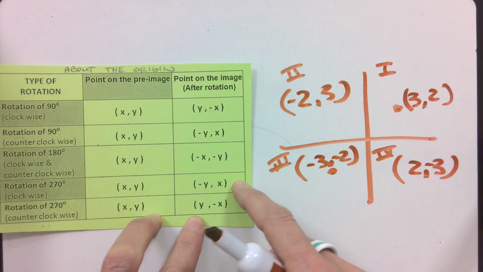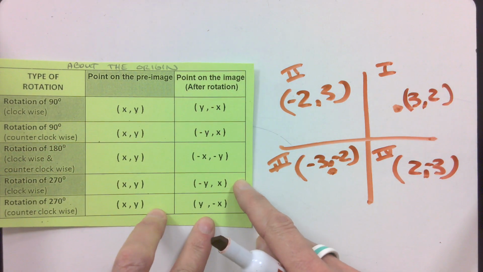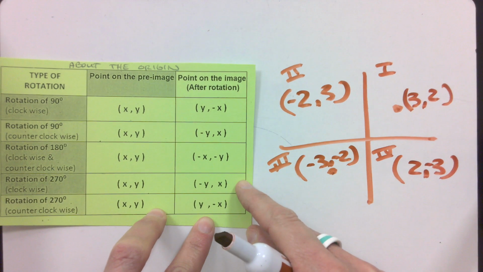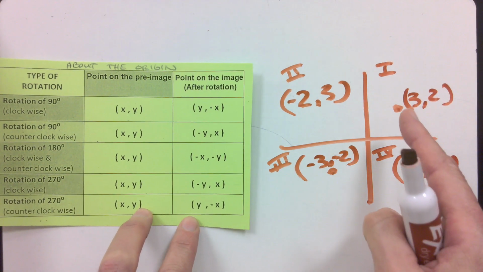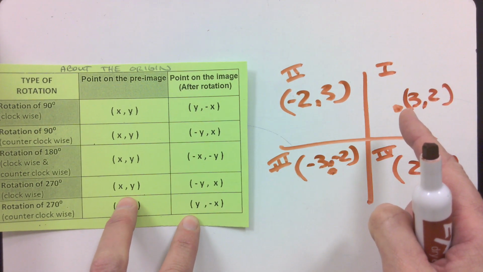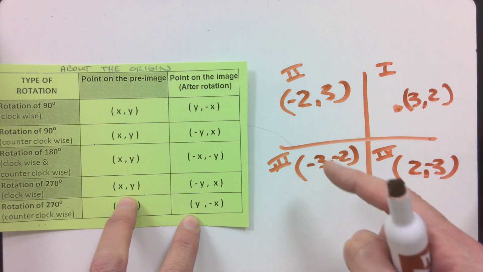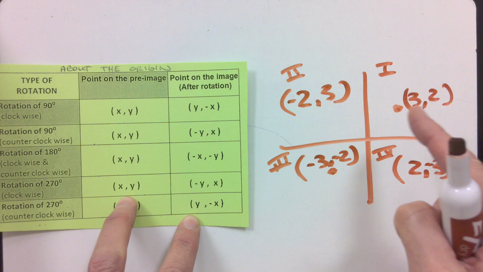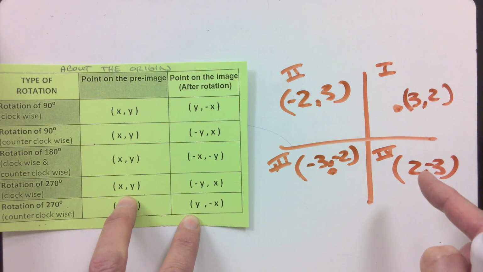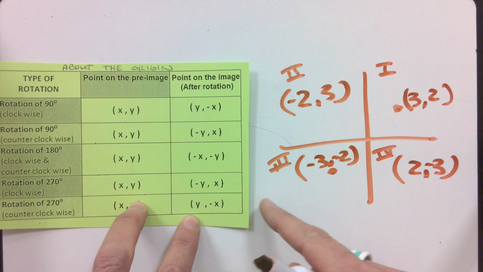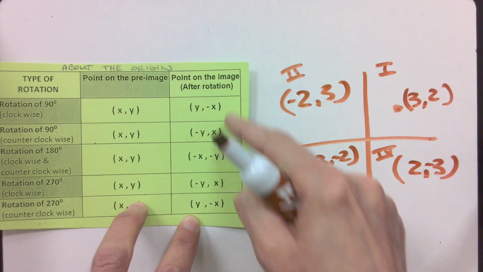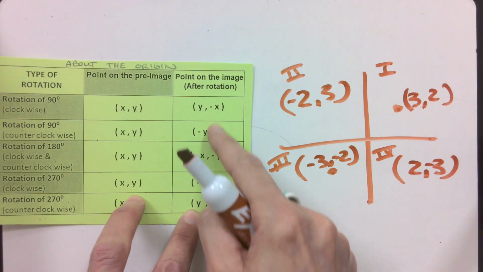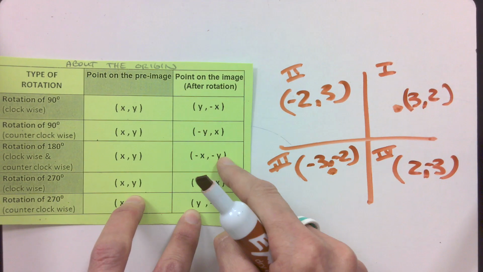That's why this one and this one are the same. If I go 270 degrees counterclockwise, I'm going to go this direction: 90, 180, 270. I'm going to land right here. That's the same thing as starting here and going 90 degrees clockwise. That's why these two are the same. So that's why you really only have to remember these.